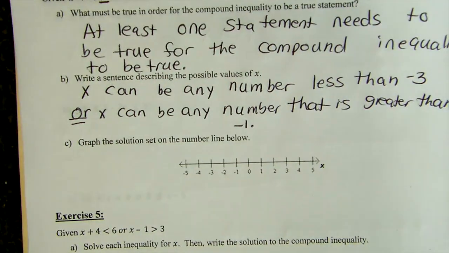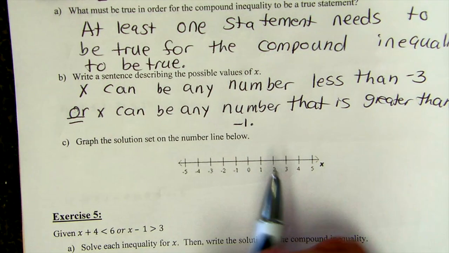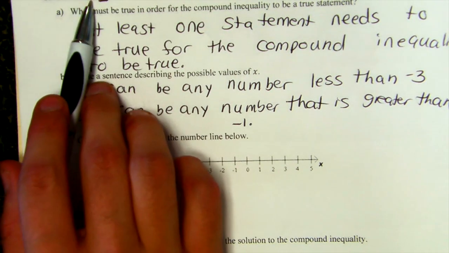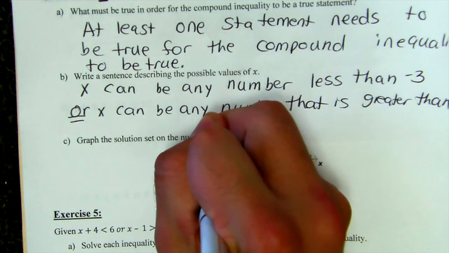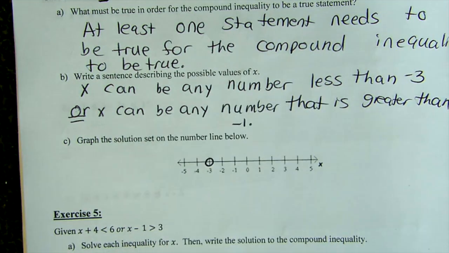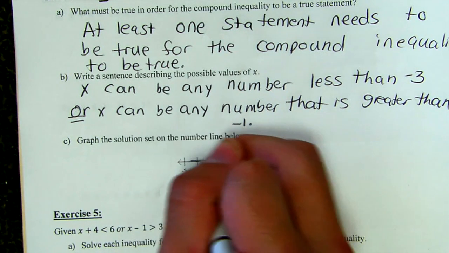Okay? And if we look at this, when we're graphing out the solution set on a number line at -3, since x is less than -3, we're going to have an open circle at -3. And since x is less than -3, we're going to go to the left.